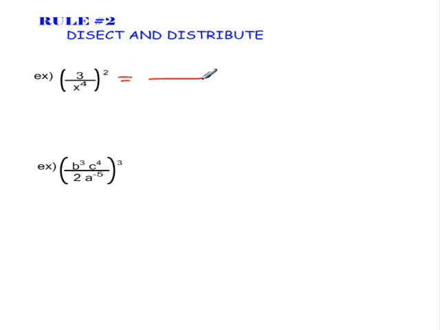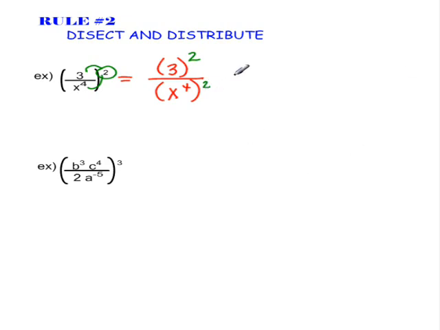Watch. On top we had a 3. On the bottom we had an x to the 4th power. So those were the two things that were originally there. Now notice the outside power is 2. That means it's going to go to everything in the problem. The 3 gets the 2, and the x to the 4th gets the 2 as well.